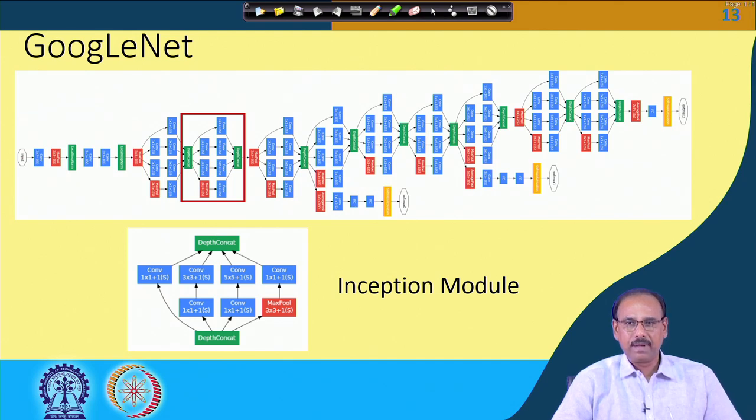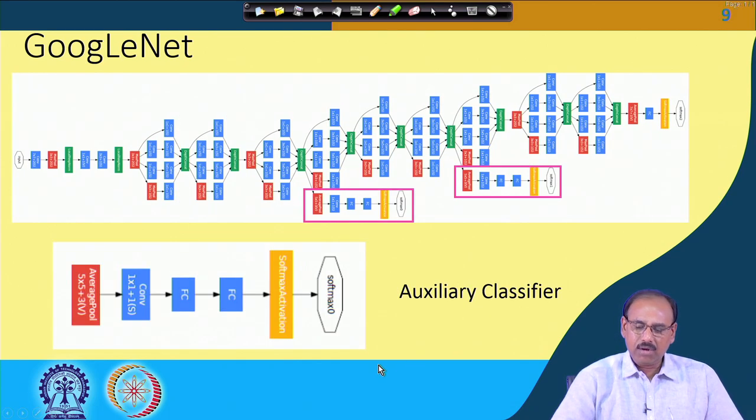This feature map is then passed on to the next inception module as an input for processing. So, these are the basic elements of GoogleNet.